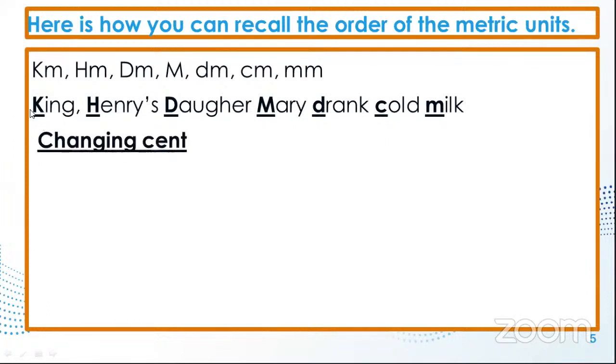Henry stands for hectometers. Daughter stands for decameter. Mary stands for meters. Drank will help you to remember decimeter. Cold is centimeters. Then milk is millimeters. So it will help you to remember this.